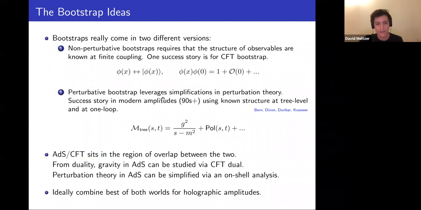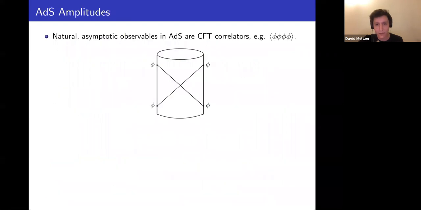So ideally, we can try and combine the best of both worlds in the study of general holographic amplitudes. And to be precise, when I talk about holographic amplitudes, of course, all I'm referring to are the correlation functions for the boundary CFT. So these are the natural asymptotic observables if you're an observer in AdS.